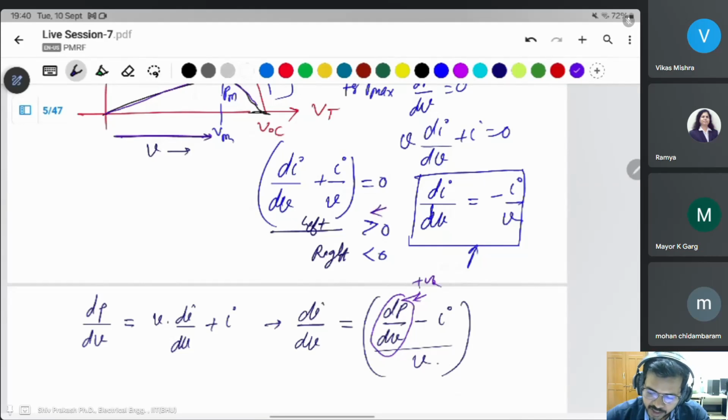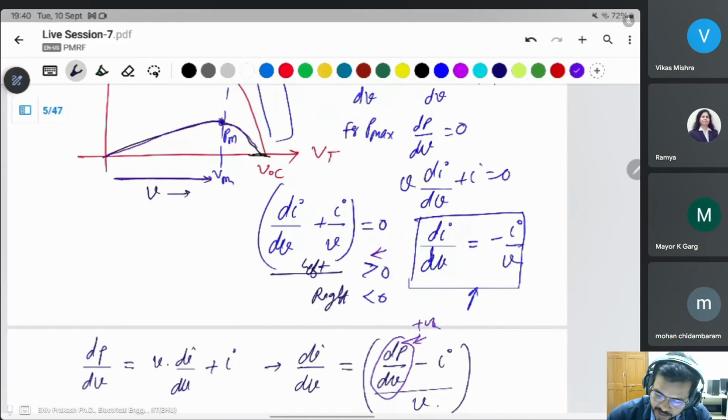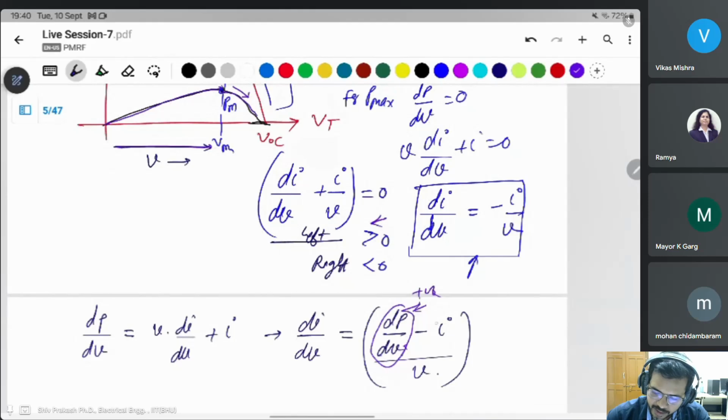At the right side, voltage is increasing but power is decreasing. The dP means the difference between the new value and the old value. The new value is lower than the old value, which means dP by dV is negative here. Then dI by dV plus this will also be negative, and the whole thing makes a negative.